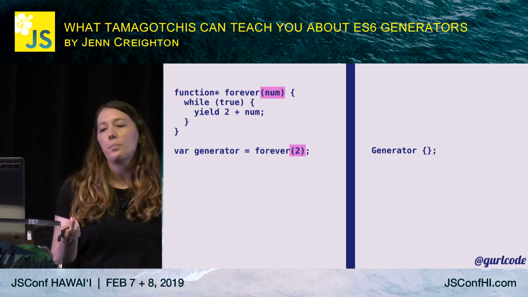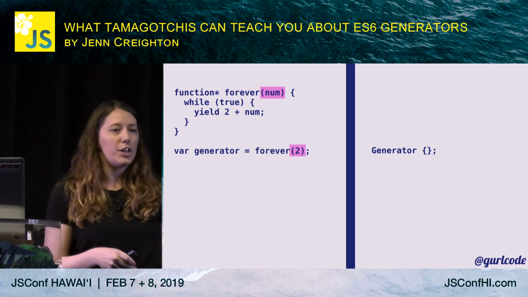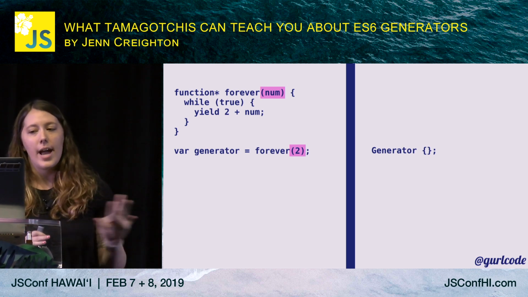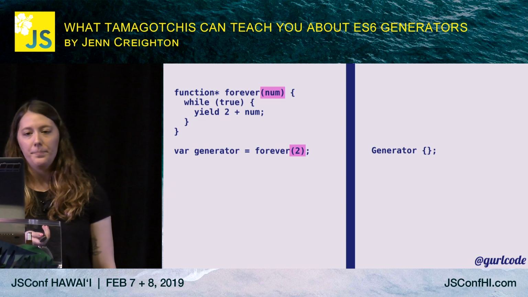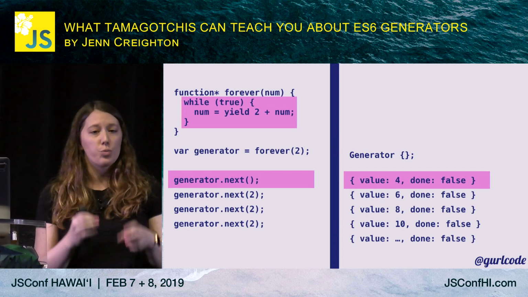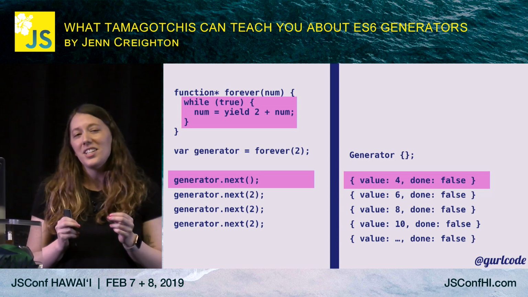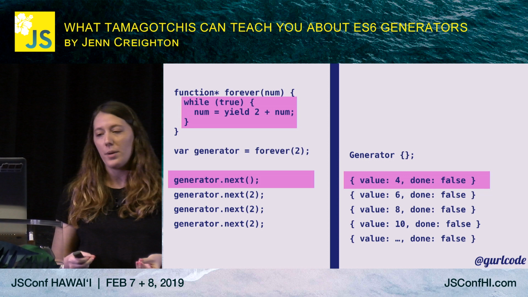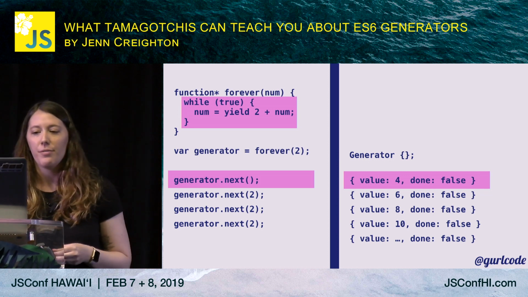So in this example, first we're going to pass in an initial value into the generator function, and this is going to avoid relying on next to set the initial value of num. And then you're going to see the while loop, right? And we're doing while true. So this should crash my computer. Like this is an infinite loop and should crash my browser, and I'll be annoyed with myself.